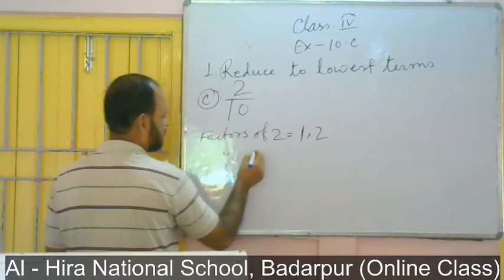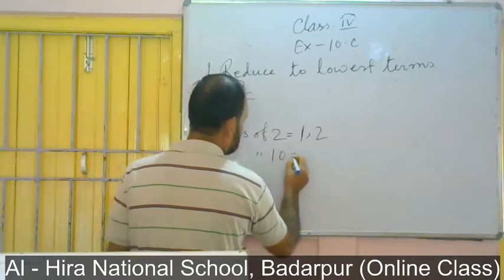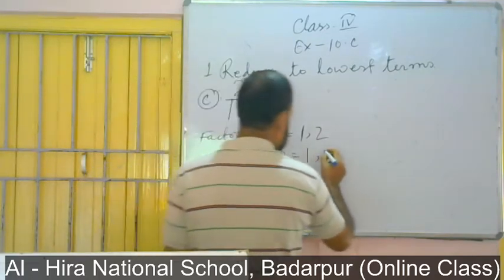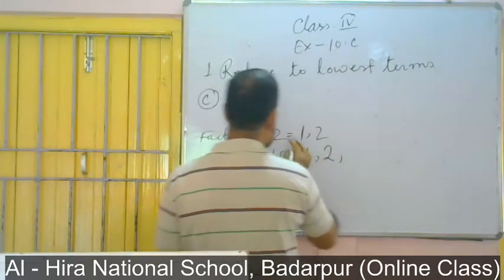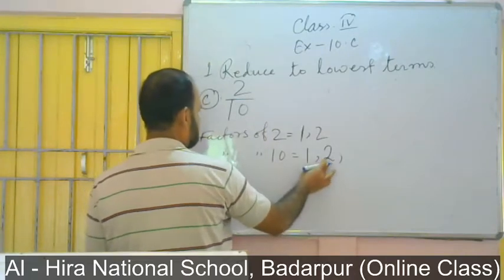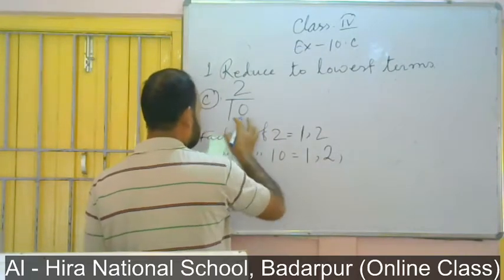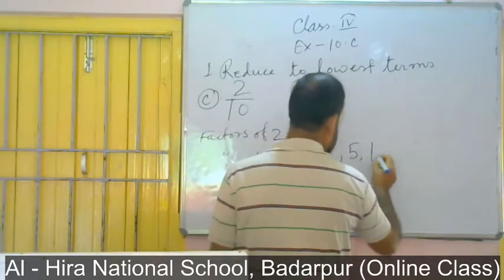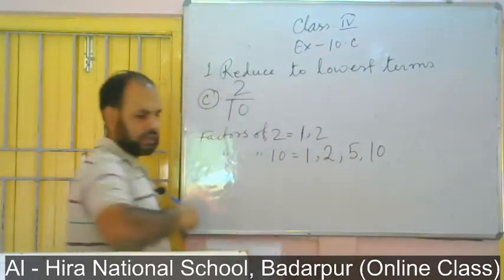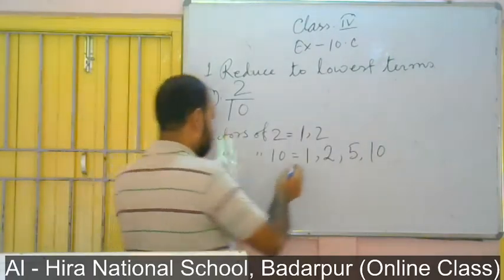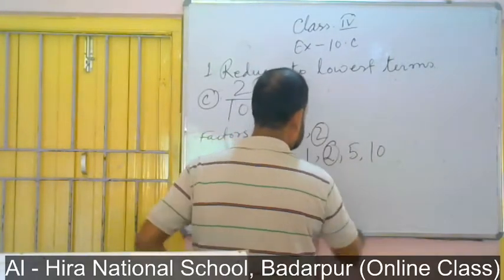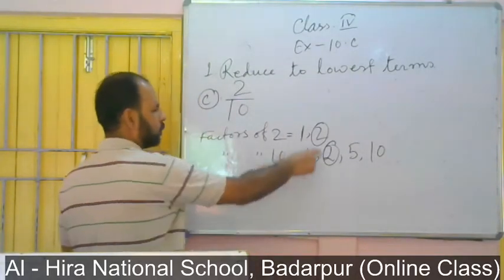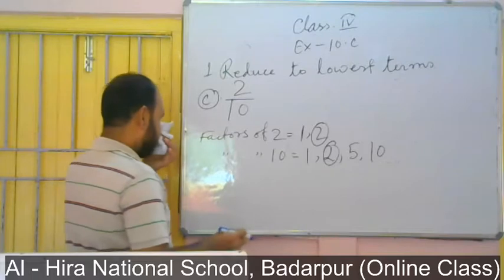And the factors of 10: 1 is the common factor, 10 times 1 is 10, 2 times 5 is 10, so 2 is a factor of 10. Next 5 times 2 is 10, then 10 times 1 is 10.